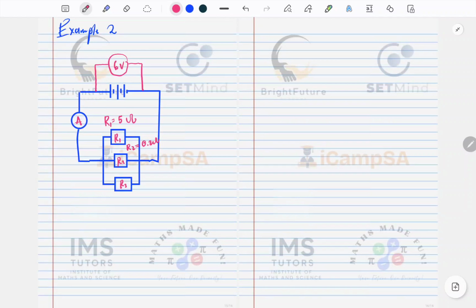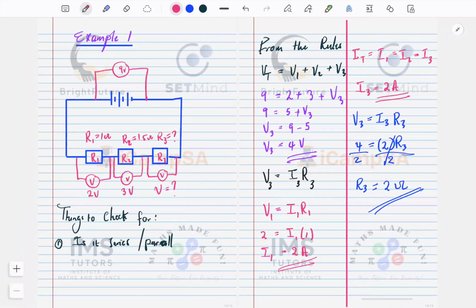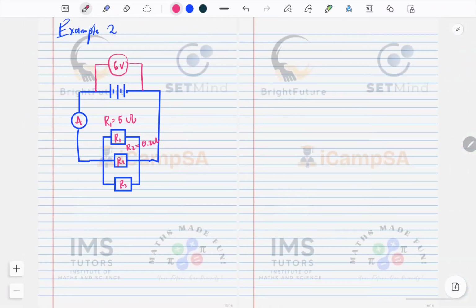We forgot to do the total resistance. For series, total resistance RT equals R1 plus R2 plus R3. But in this case, for parallel, 1 over RT equals 1 over R1 plus 1 over R2 plus 1 over R3.